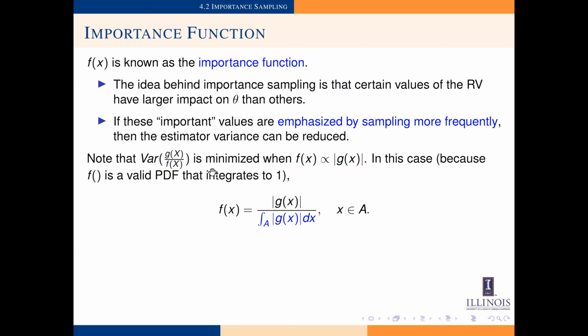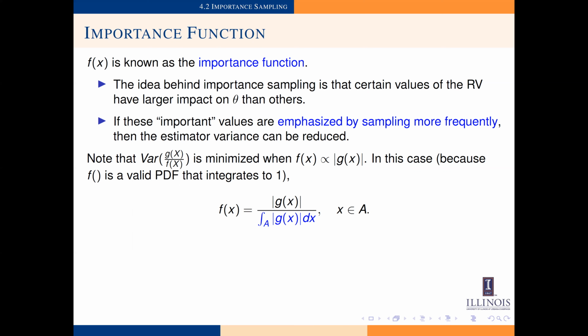Note that the variance of g of x divided by f of x is minimized when f of x is proportional to the absolute value of g of x. This is what we mentioned in the last slide. But we have the absolute value signs over here because the density has to be non-negative. However, the g of x function that we are trying to integrate can take negative values.